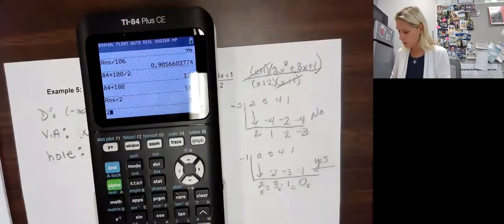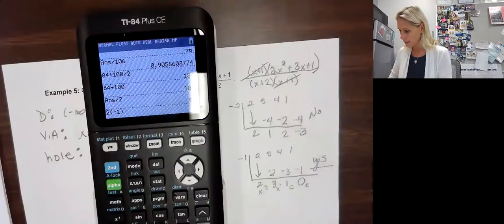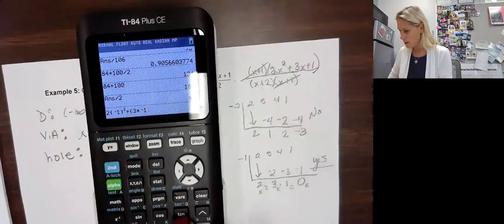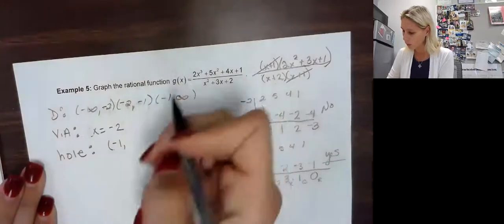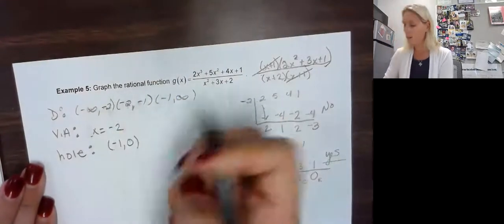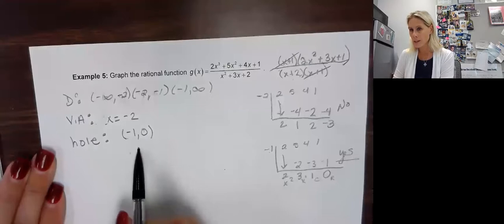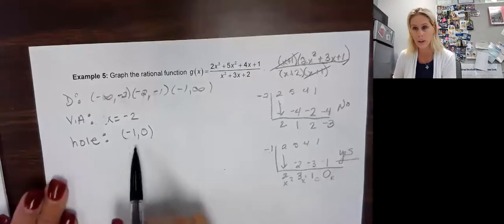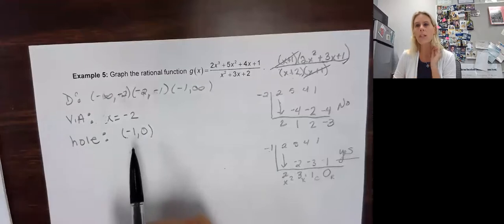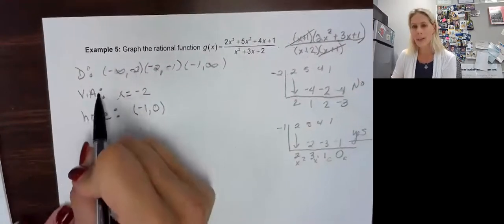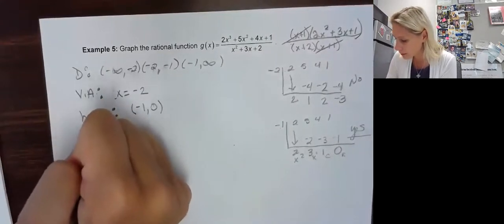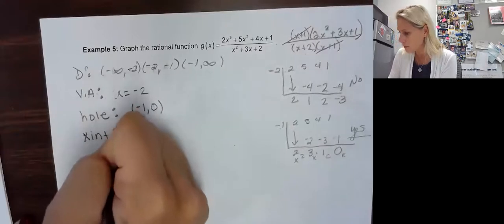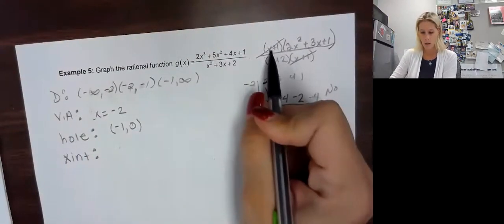So ready? 2 times -1 squared plus 3 times -1 plus 1 is 0. Oh, so we have a hole at -1, 0. Guys, if you realize, that is also an x-intercept. But you can't call it an x-intercept if it's already a hole. So that's why I would say do your vertical asymptotes and your holes beforehand. Because now when we do our x-intercepts, we do not have to worry about that -1.